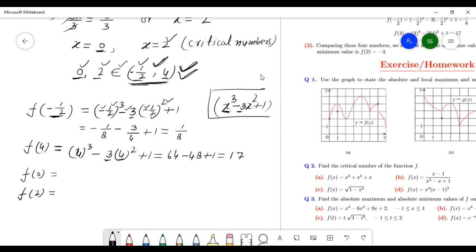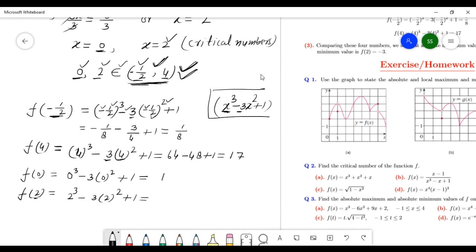Now find f of 0, that is 0 power 3 minus 3 times 0 power 2 plus 1, which is equal to 1, right? And now find f of 2. F of 2 is 2 power 3 minus 3 times 2 power 2 plus 1.